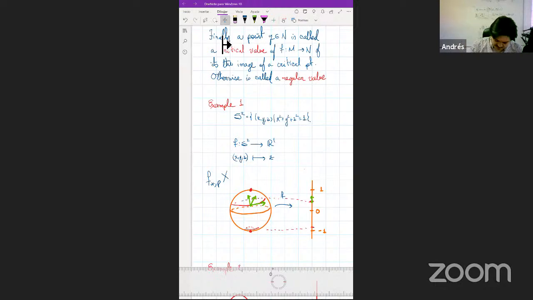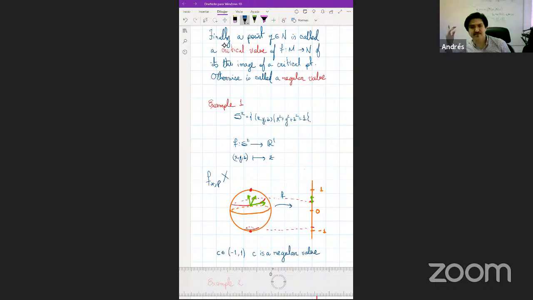In other words, what I'm saying here is that for any value which is not 1 and minus 1, I have a regular value, because the differential is surjective.